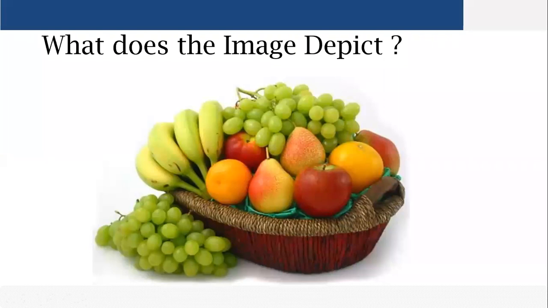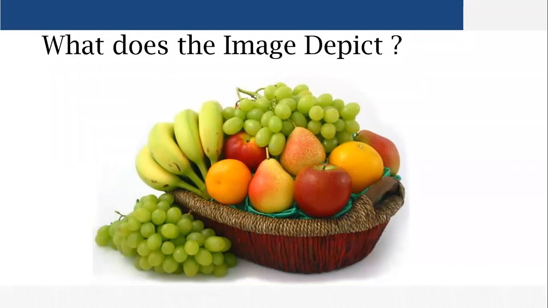So how did you decide that this is an apple, this is an orange, this is a grape, this is a banana, this is a pear? How did you decide that? Because they look like, yeah, how? Because of their shape and color. Yes, the shape, the color. Because when you were a child, that's what you have been taught. Your mind has been trained in that manner.